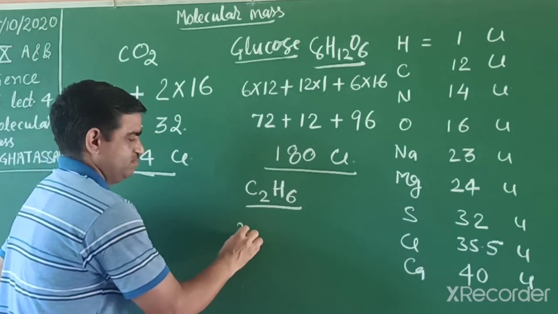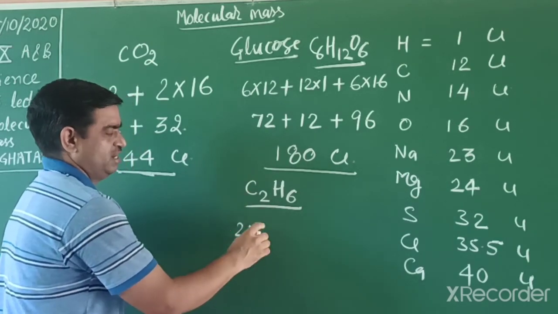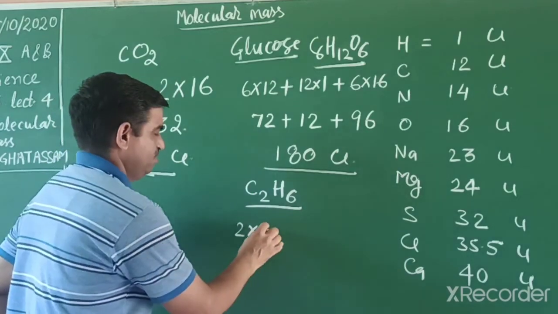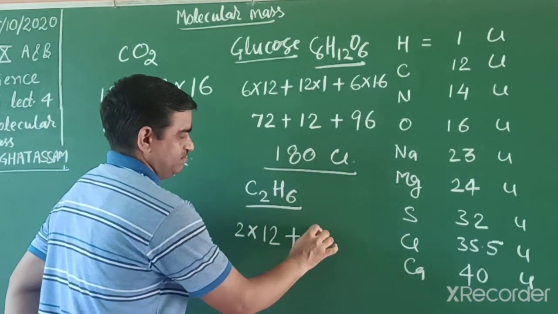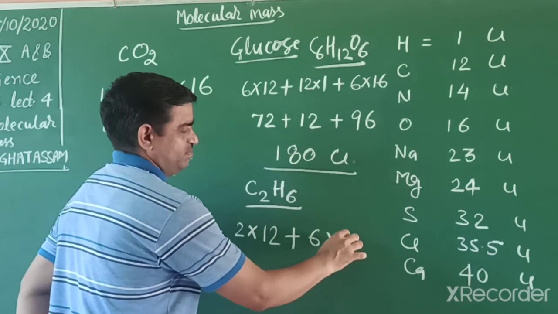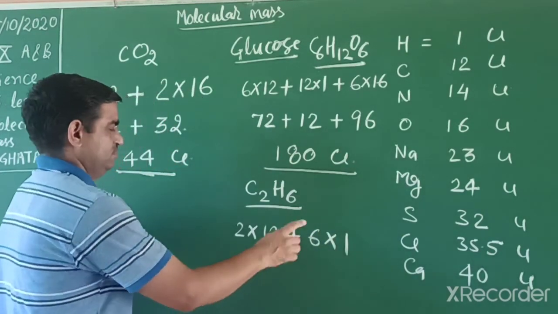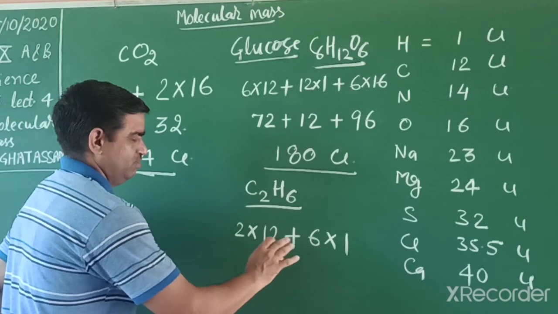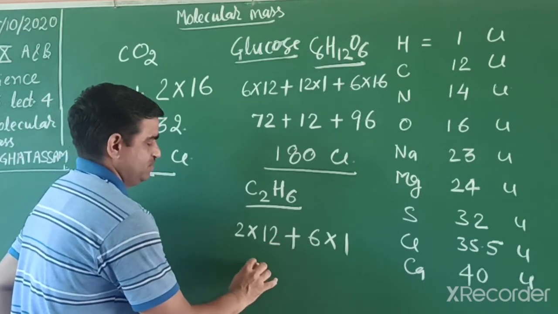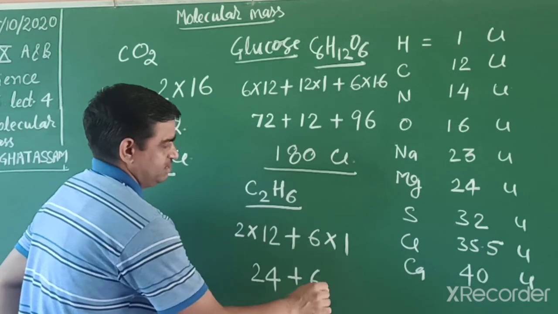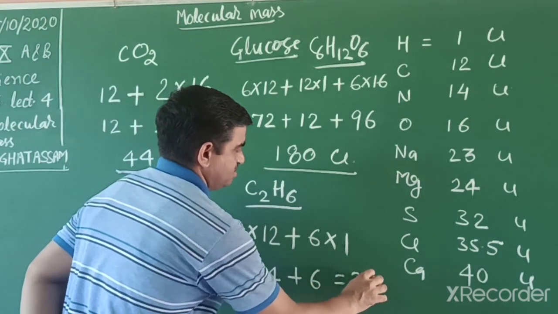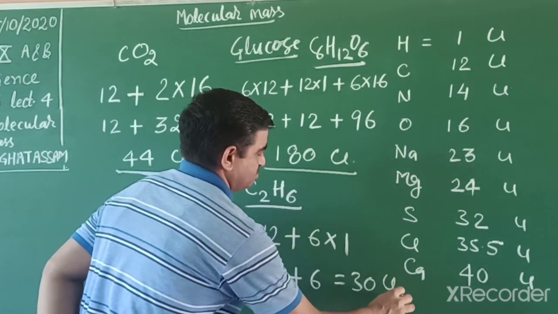So 2 atoms of carbon, and 1 carbon mass we know is 12, 2 into 12, plus hydrogen, the number of atoms is 6 and 1 hydrogen mass is 1. Then we solve this: 24 plus 6, its mass is 30 u.